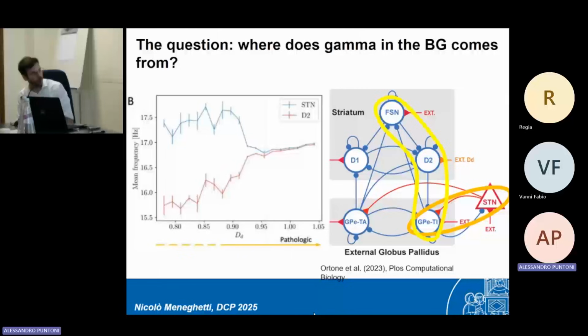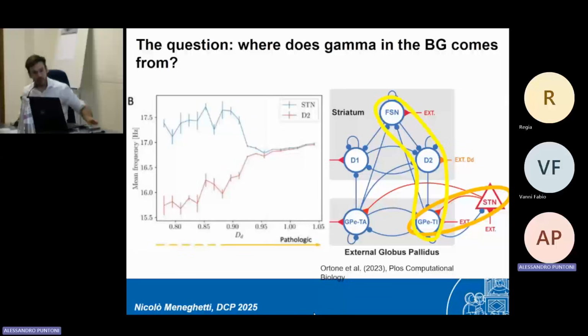Very long story short, they found that in the low dopamine depletion state, that is the healthy scenario, there are two different beta oscillation regimes generated within these two nuclei that I try to highlight, the yellow and the orange one. You can see that they are distinct in frequency, and each one does not interact with the other.